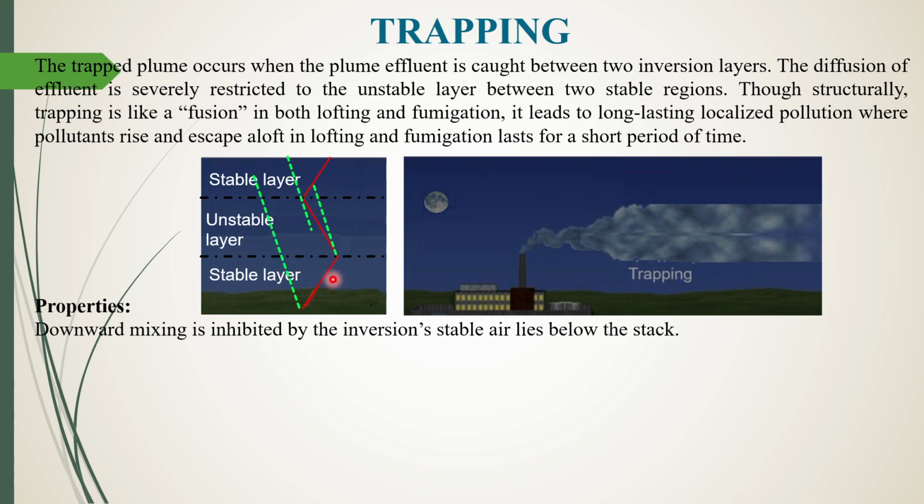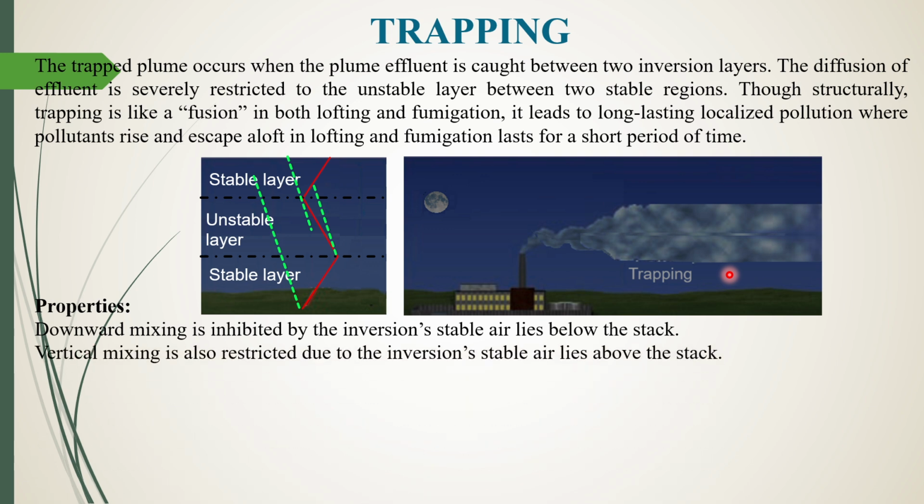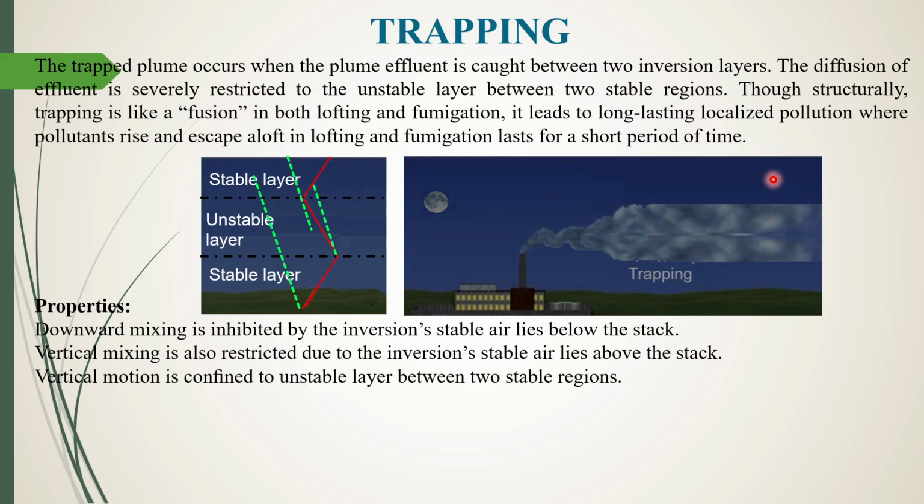So this inversion stable layer restricts downward mixing, and the vertical mixing is also restricted by the inversion layer above the stack height. So this stable layer inhibits the vertical mixing. The only vertical motion is confined to the unstable layer between these two stable regions.